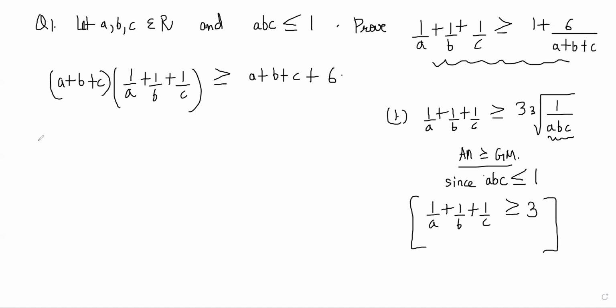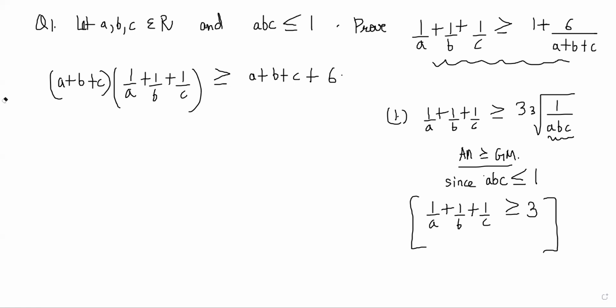On the other hand, the second step here is we can say 2 by 3 of, no, before that, what we will do, we have gotten this.